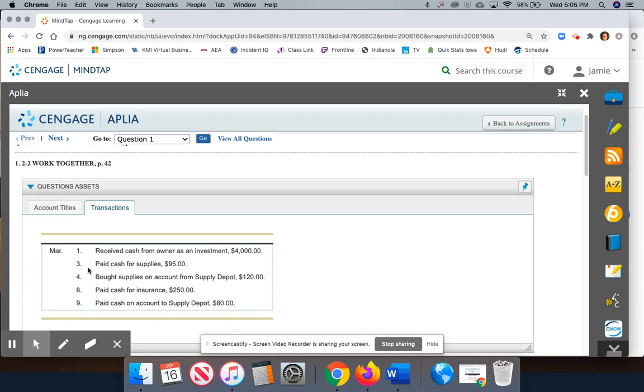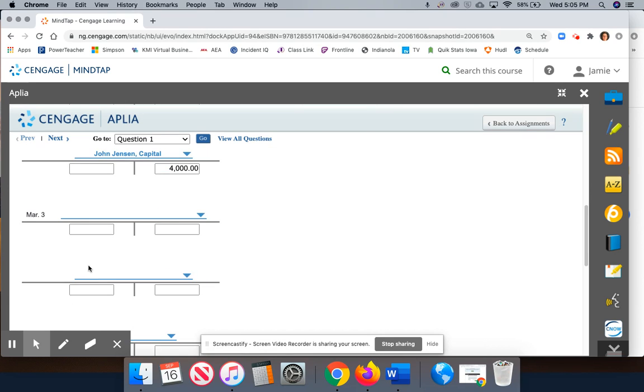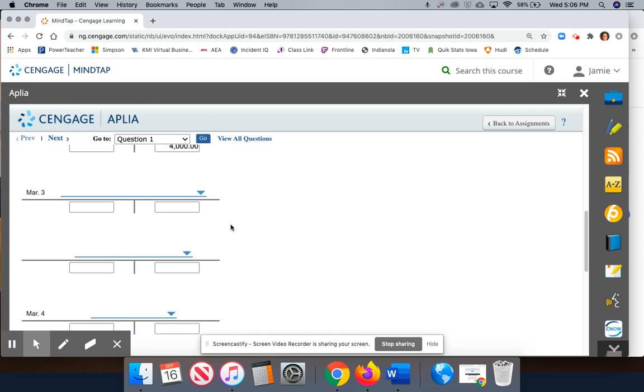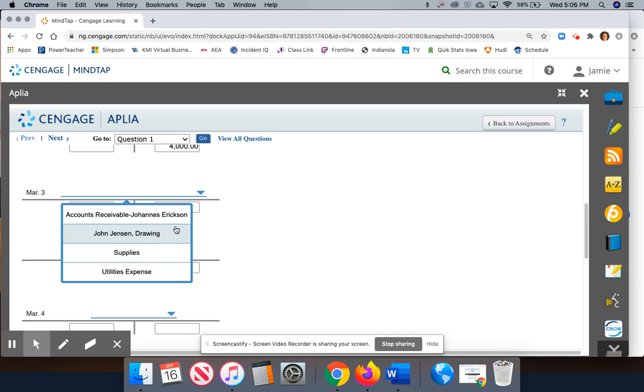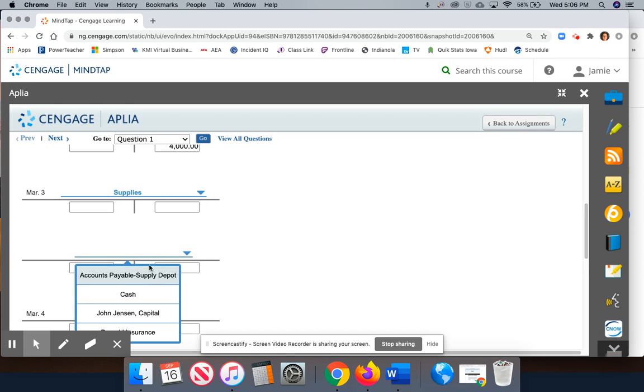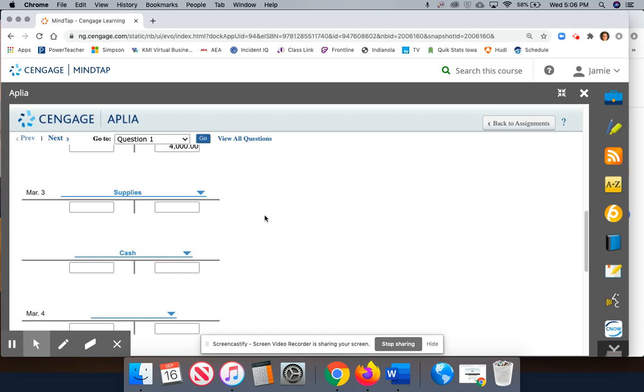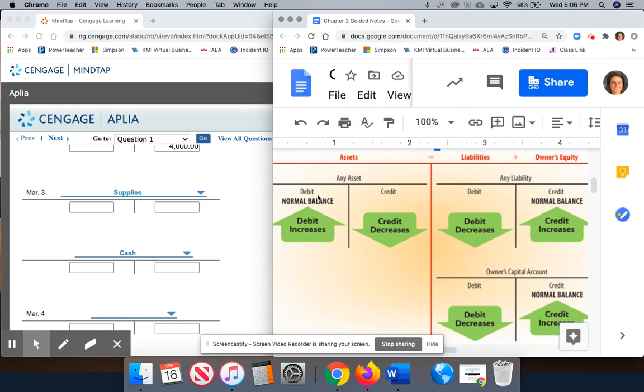Transaction number 2. On March 3rd, we paid cash for supplies. Okay, so I'm going to come down here on March 3rd. We have to determine what 2 accounts are affected. We paid cash for supplies. We've done this transaction several times now. So we have supplies and we have cash. Those 2 accounts. Okay, so if we added supplies to our supply closet, we increased our supplies. Supplies is an asset.